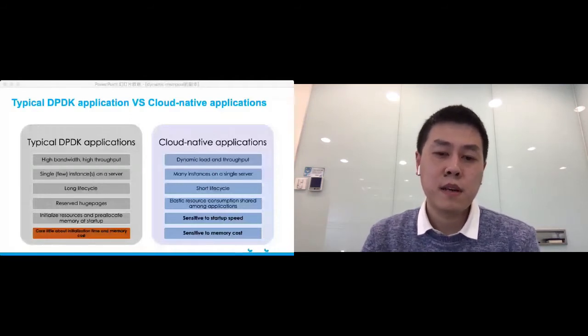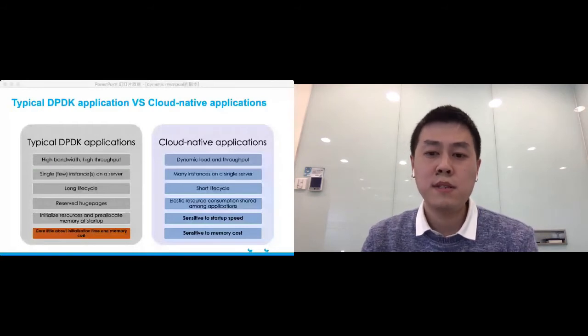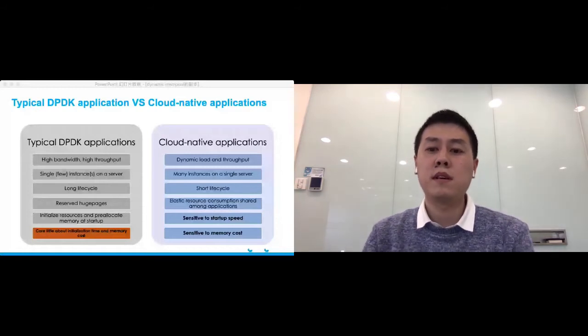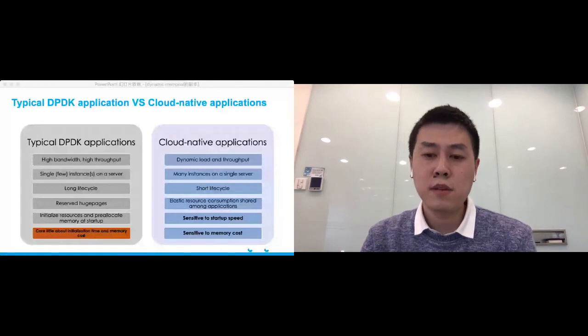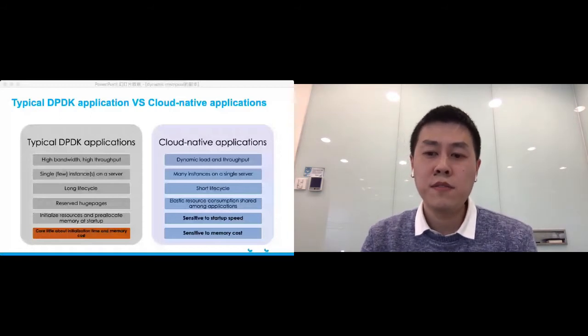Typical DPDK applications normally process network data with high bandwidth and high throughput, but the load and throughput of cloud-native applications vary from each other. Most of the time, the network loads of applications in cloud-native environments are quite low, but at some point in time, it would grow dramatically. A typical DPDK application would be deployed on a server with just a single or very few instances.